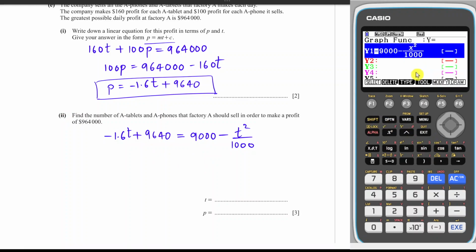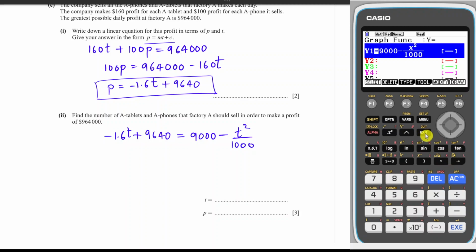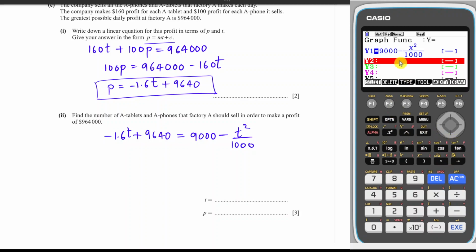So we've already done this. So let us draw minus 1.6 x. Okay, let's take a new one; this shouldn't be disturbed. So minus 1.6 x plus 9640.